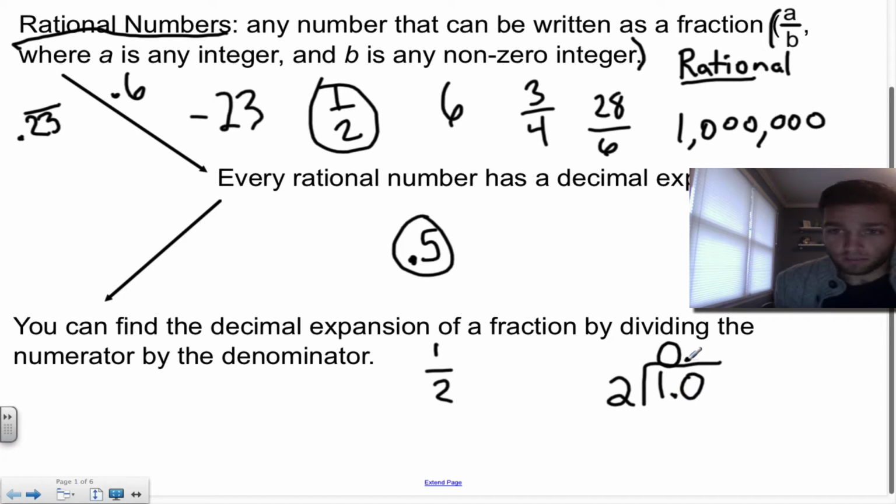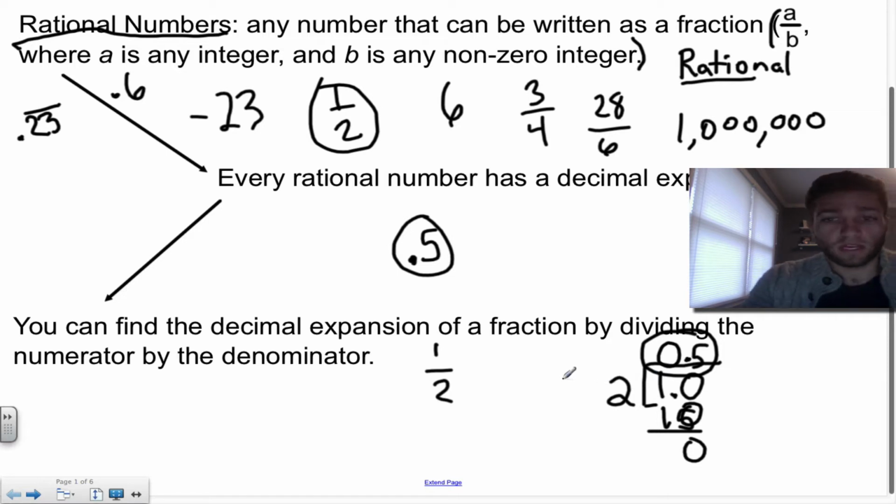My answer is going to be a decimal, and we already know what 1/2 is as a decimal, but here's the long division to prove it. 2 can go into 10 5 times, even I'm a little rusty, and then 10 minus 10 is 0. There's no remainder, so your answer is 0.5 or 5/10. And we're going to work through a little bit of long division in the examples to come.